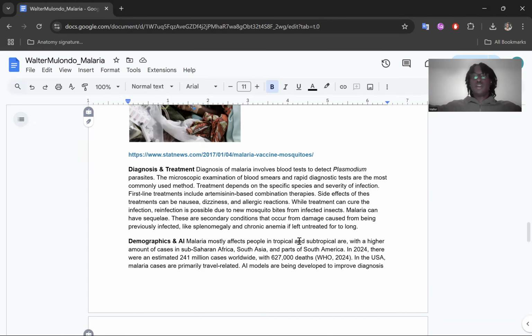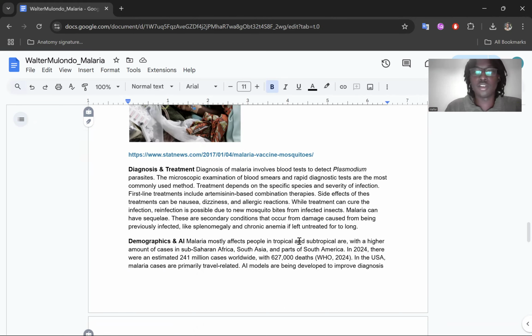Diagnosis and treatment of malaria. Diagnosis involves blood tests because that's where the parasite is released after it's incubated. The microscopic examination of blood smears and rapid diagnostic tests are the most commonly used methods to discern whether they have malaria or not.